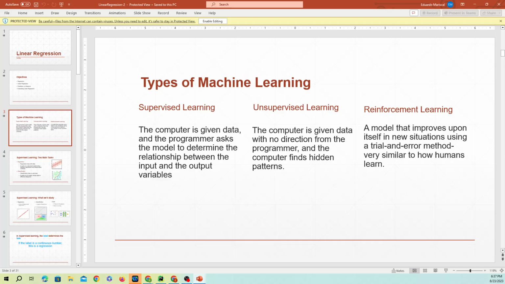Now, reinforcement learning is a model that improves upon itself in a new situation using a trial and error method, very similar to how humans learn. So, for example, again with the emails, the computer is going to take an email and see if it's spam or legitimate. It's going to predict based on the information that is given, and if it correctly predicts that it's a legitimate email, it's going to continue and learn from that.